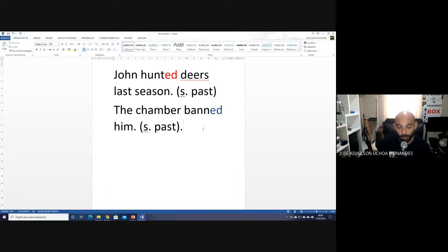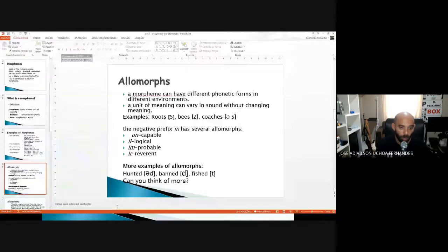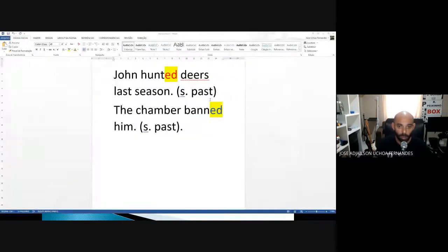But this is not my point of interest when I'm talking from the perspective of morphology. I want to know if they have the same function when associated to a word. Do they? Both of them produce simple past. So it does not matter for me. Let me copy these morphemes and take them to the word processor.